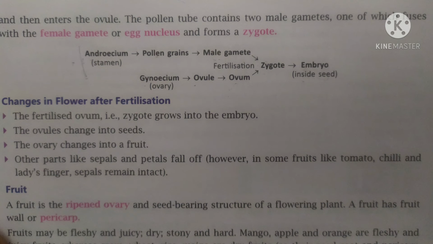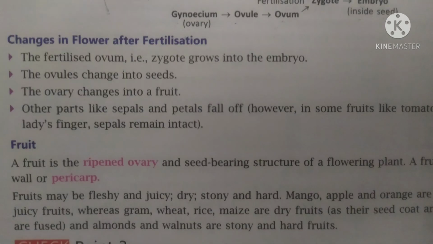Then after that, let us learn what changes take place in the flower after fertilization. The fertilized ovum, that is, the ovum which has fused with the male gamete, is known as the zygote. It will grow into the embryo.